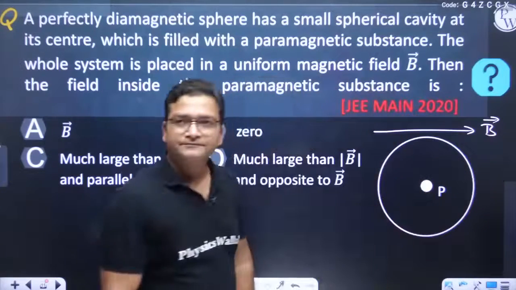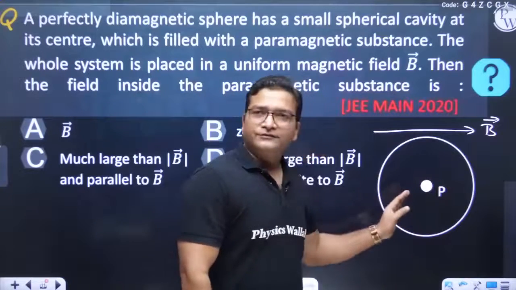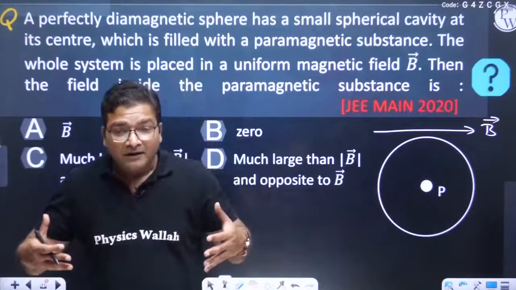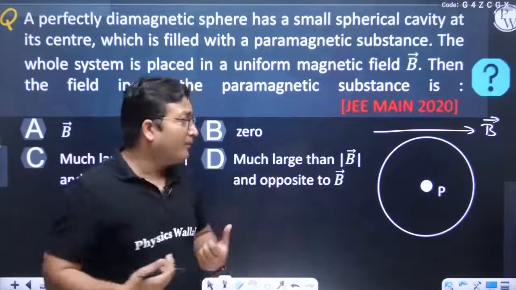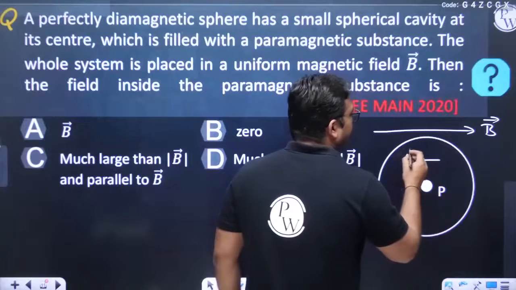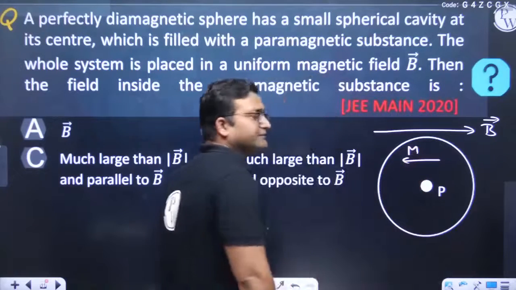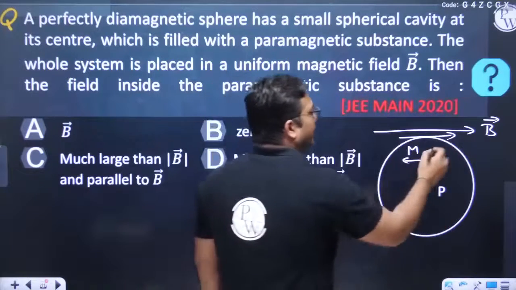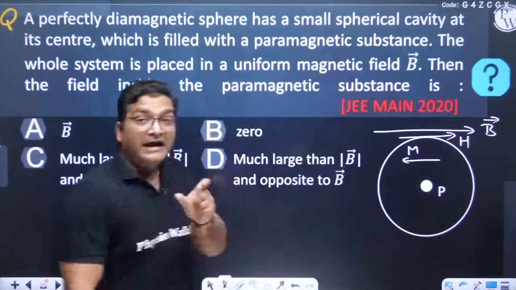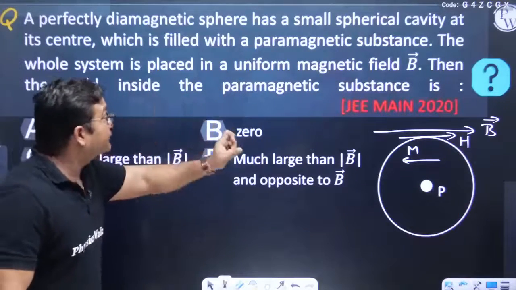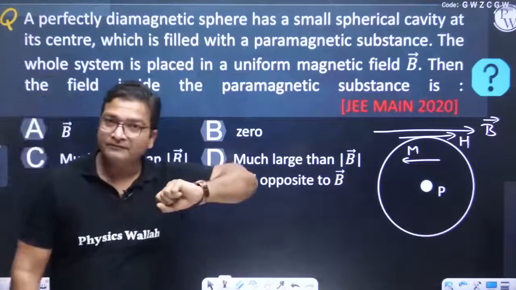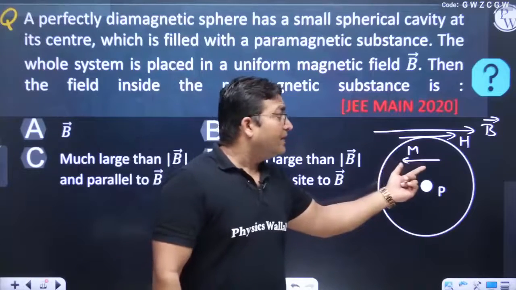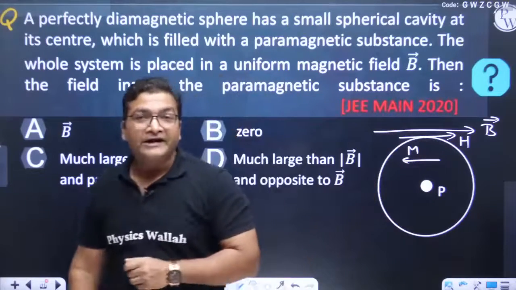What happens here? The diamagnetic substance gets some magnetization induced in the opposite direction. Suppose we apply H outside, we get magnetization induced in the opposite direction. And as they are saying, it is a perfect diamagnetic sphere, so the magnetization will completely cancel the outside H field.